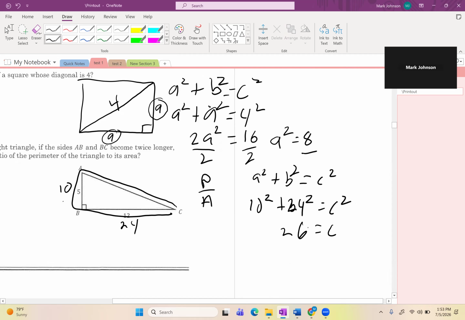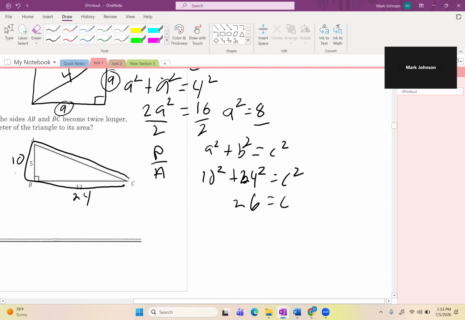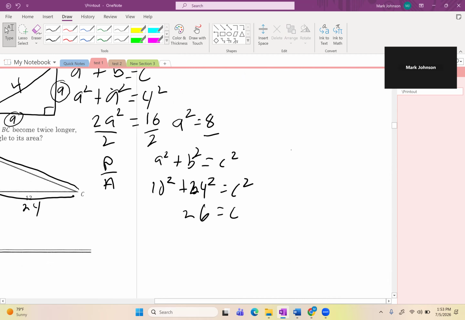So, the perimeter es 10 más 24 más 26 es igual a 60.